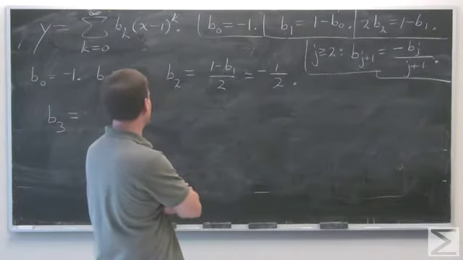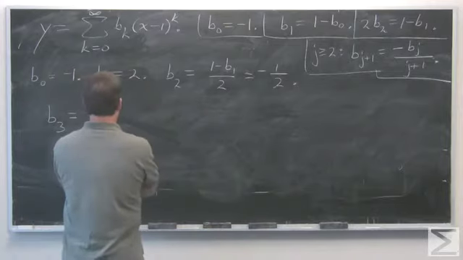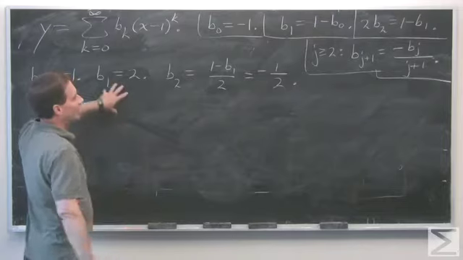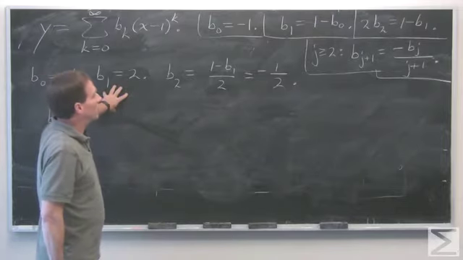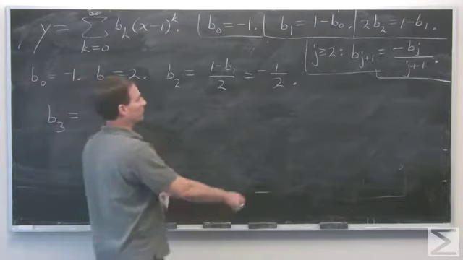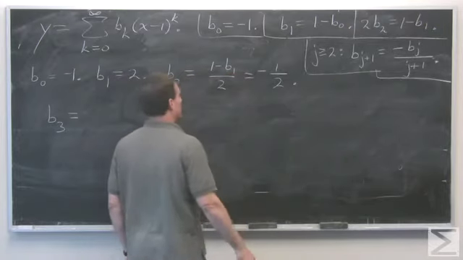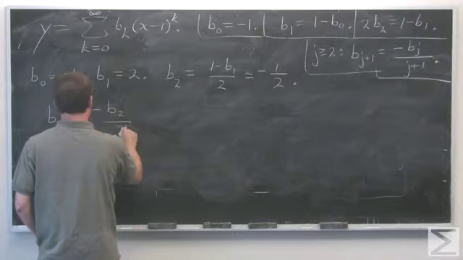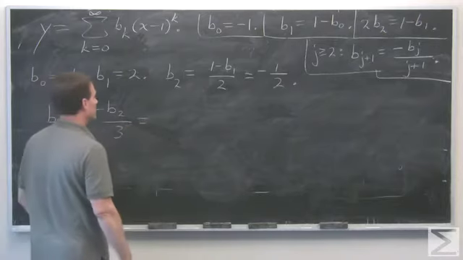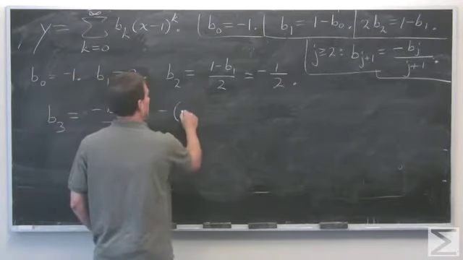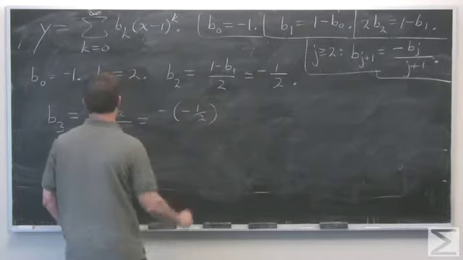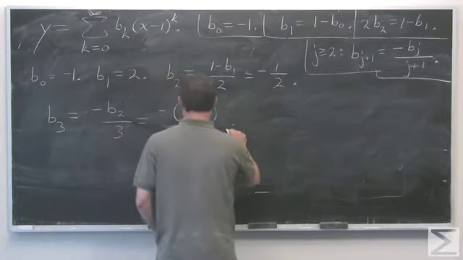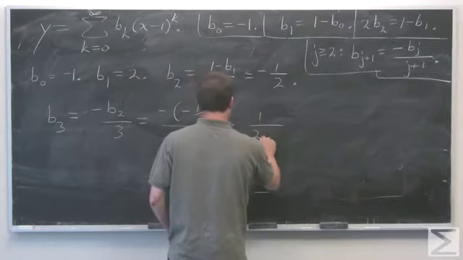Oh no, it's fine. We're just going to have to write things strangely to see that this equals the closed form that it equals. Okay. So when j is 2, what does our iterative formula tell us? It tells us B sub 3 is minus B sub 2 over 3. So it is minus a half divided by 3. So this is 1 over, and leave it as 2 times 3.